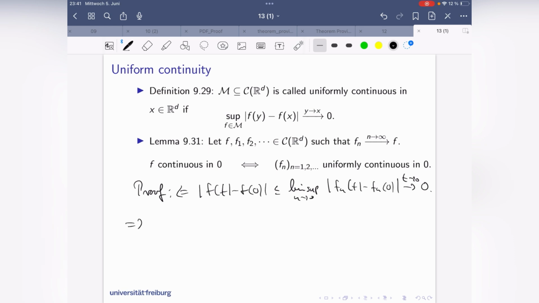The other direction: if f is continuous in 0, then we have uniform continuity. How does this work? We need to show uniform continuity. For sequences I can replace the sup here by the lim sup.